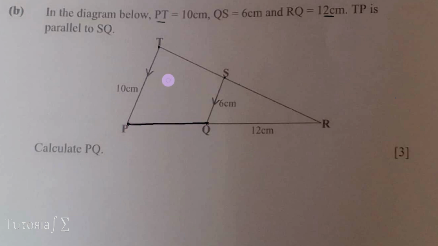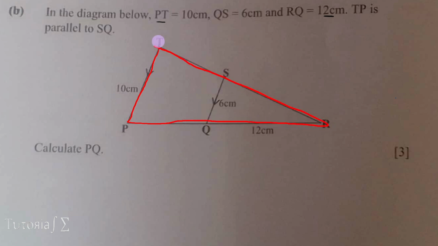Okay. So now, before you even start answering the question, you need to identify the triangles that are similar and the lengths or sizes that are similar. So in this question, we see that there is a big triangle here, which you can form like that.